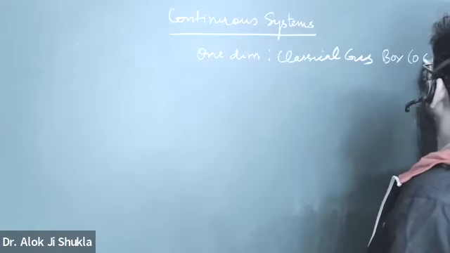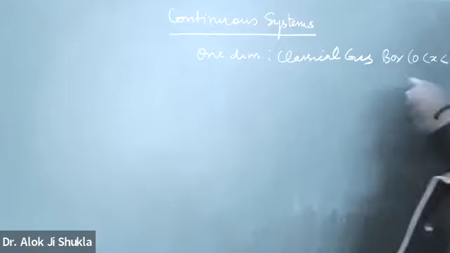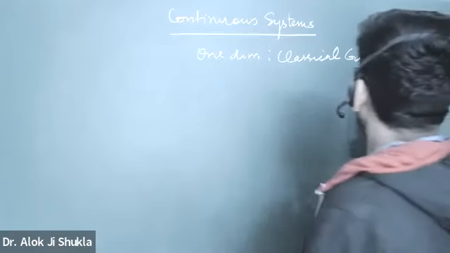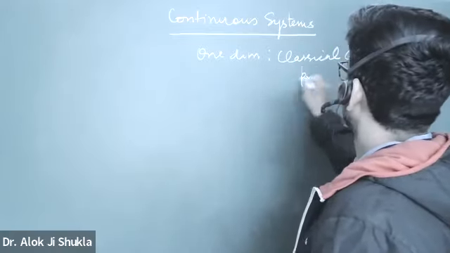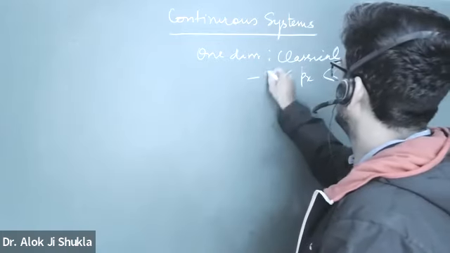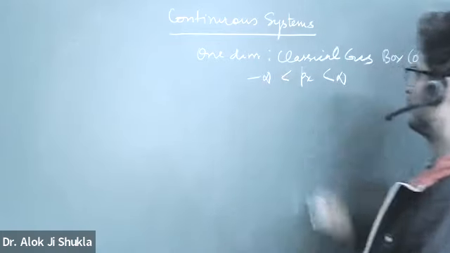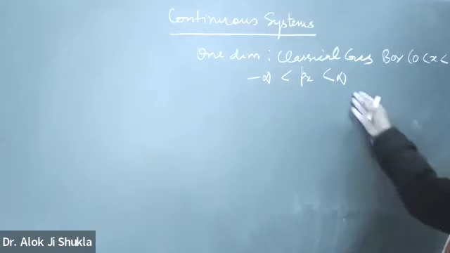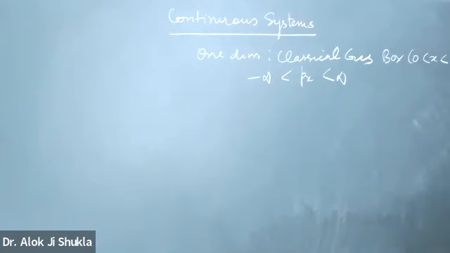and length 0 to L. So only one dimension is there, 0 to L, and it will have momentum, one dimensional momentum, and momentum will have obviously limit minus infinity to plus infinity, because some molecules will be moving towards the right, some will be moving towards the left, and there will be all type of molecules having velocities and momentum from minus infinity to plus infinity.